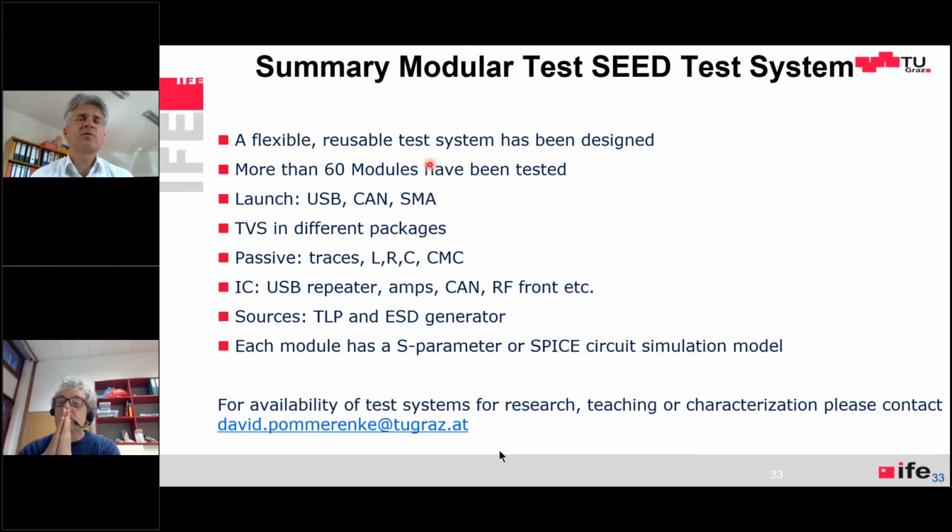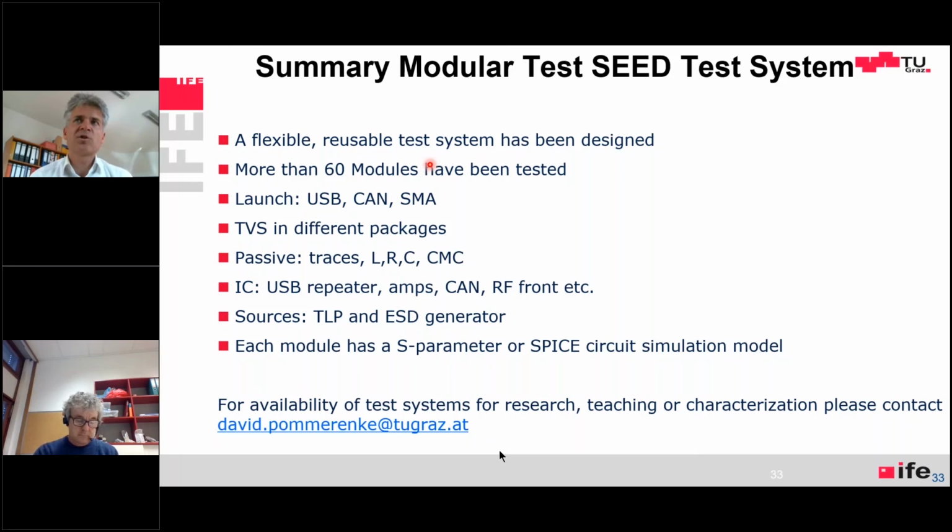Because as David already mentioned, if you are using a switch in LTSpice, you have to define the on resistance and the off resistance. Even if the off resistance is in the giga ohm range, you have a voltage divider between the resistance of the switch and the impedance of your device under test.